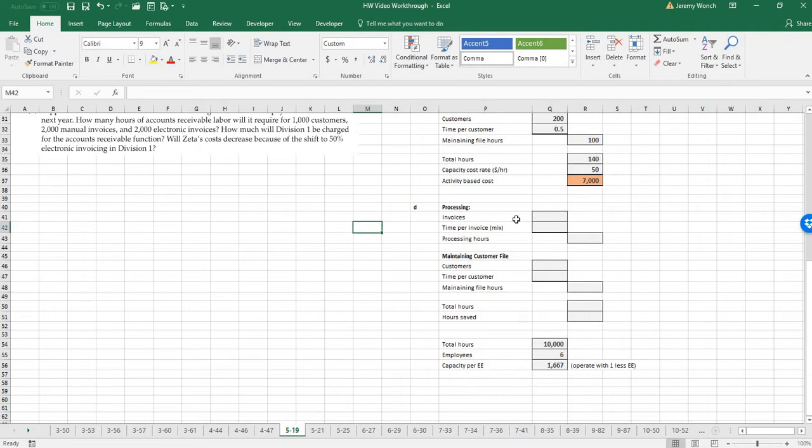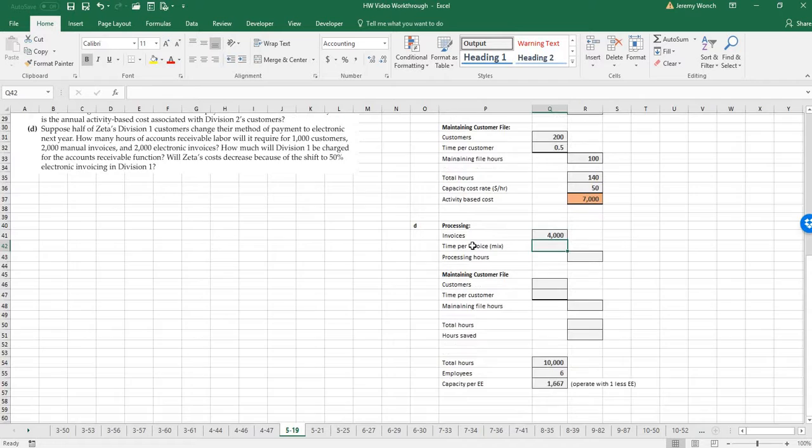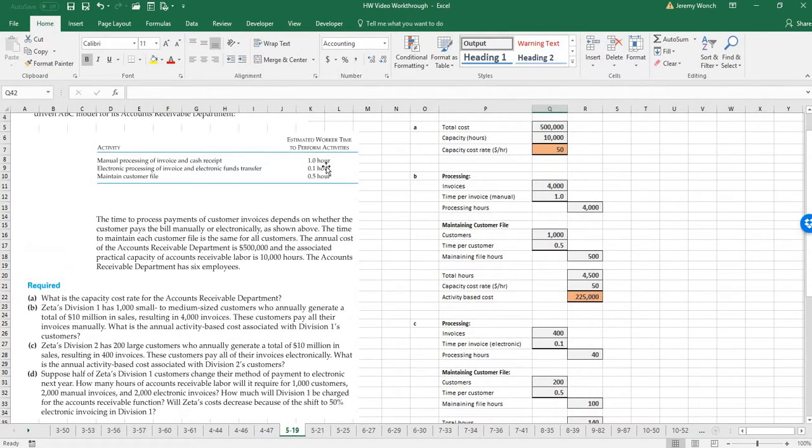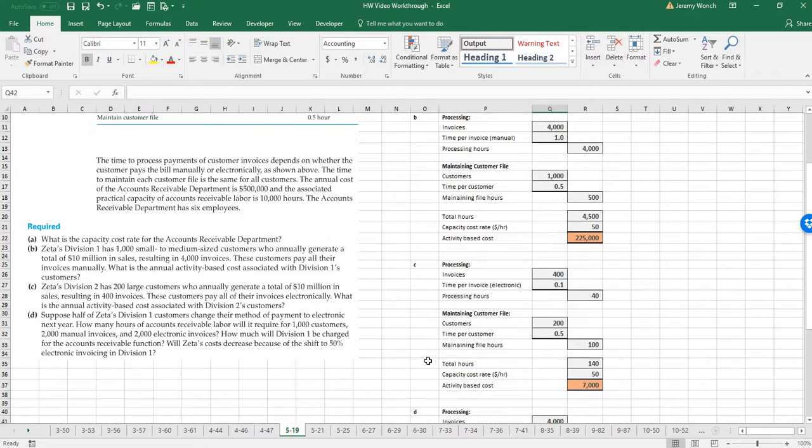Alright, so processing, and we can do this two ways. Let's just do it in one batch. They still do 4,000 total invoices, but now the time to do that is going to be half at an hour and half at 1/10 of an hour.